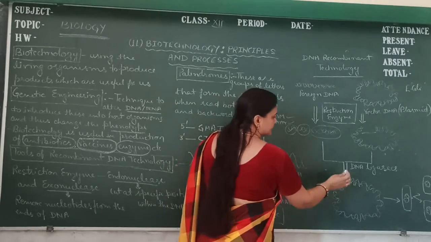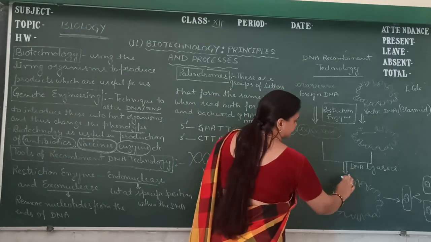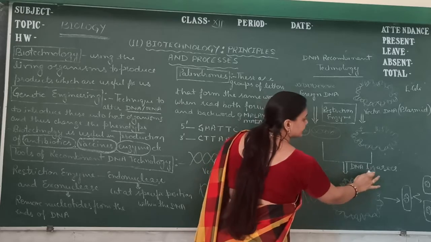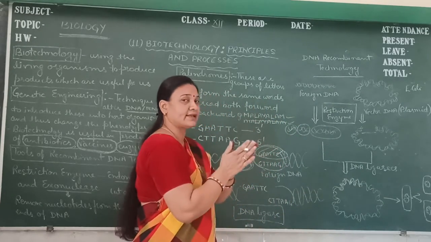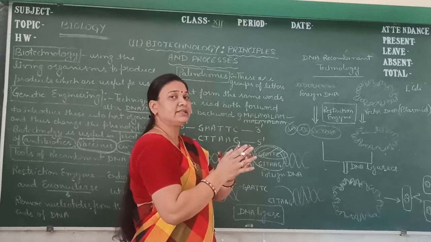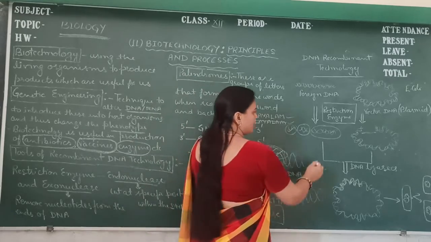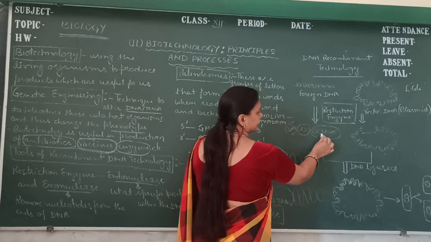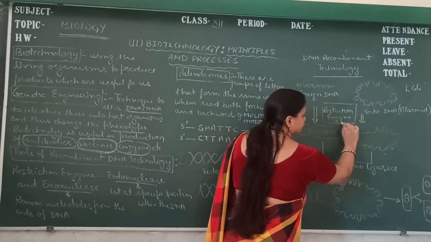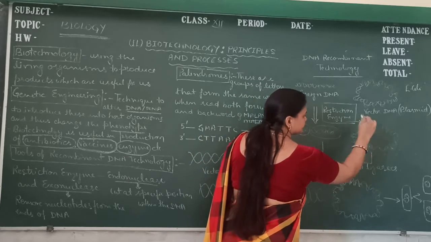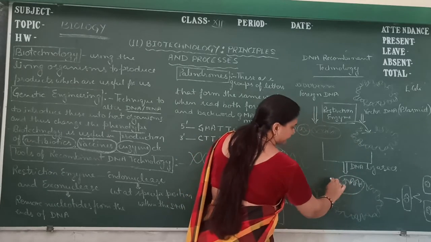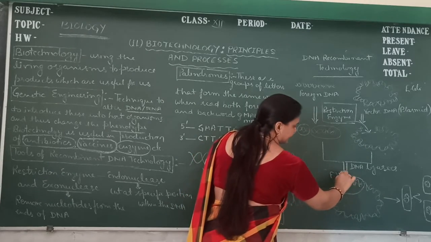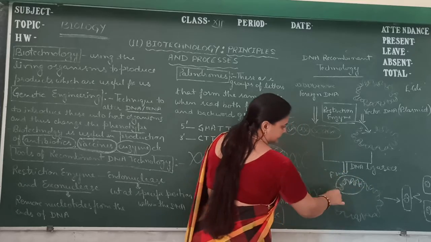Now what happens after this? After the use of restriction enzyme, we use the DNA ligases. What is the function of DNA ligases? DNA ligases join the DNA fragments. So this foreign DNA is joined into this plasmid. Here you can see this is the part of foreign DNA and this is the plasmid.